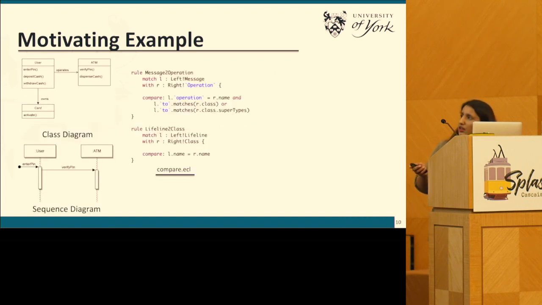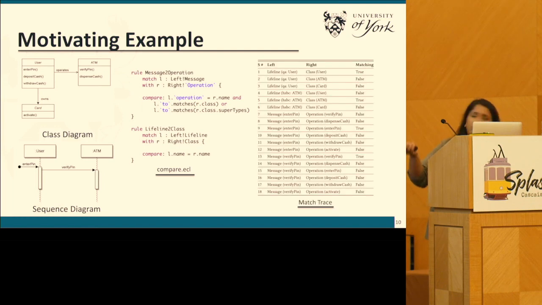But if we evaluate this on these small models, a small class diagram and a small sequence diagram, the match trace that we will end up with would be this. It's a huge match trace for just some small models.